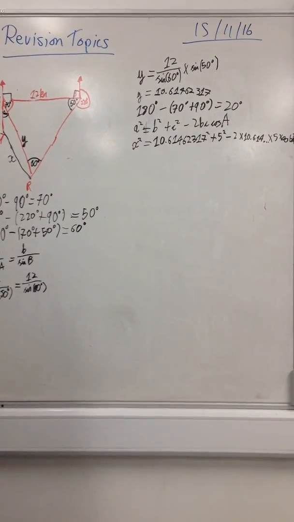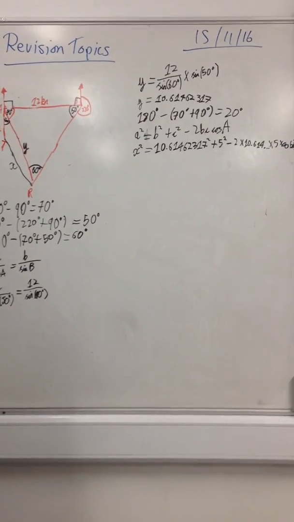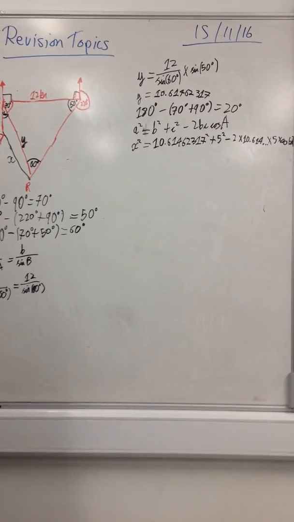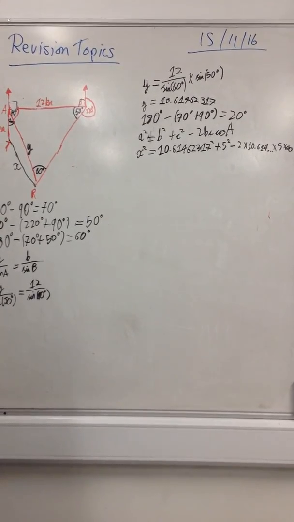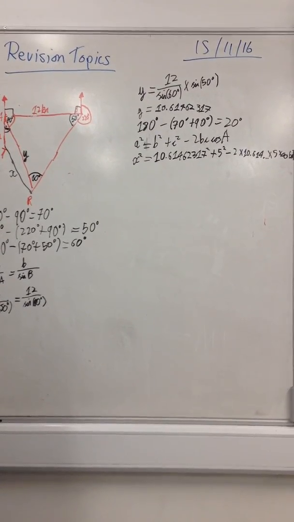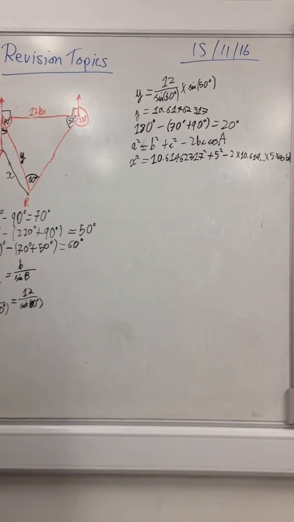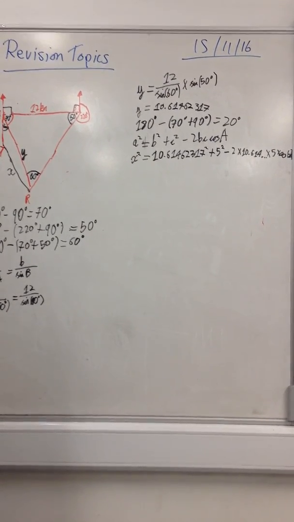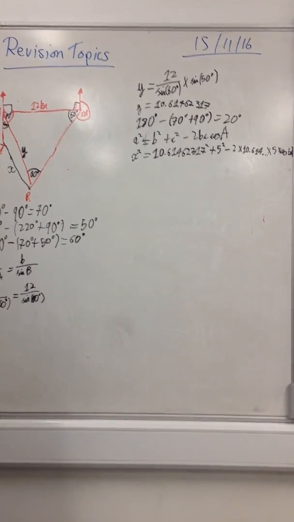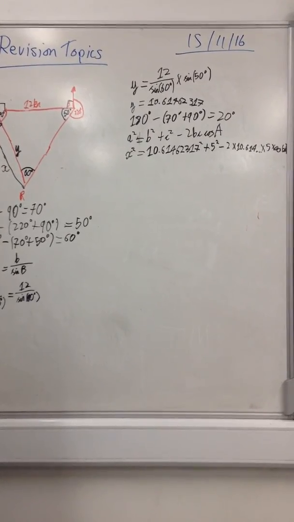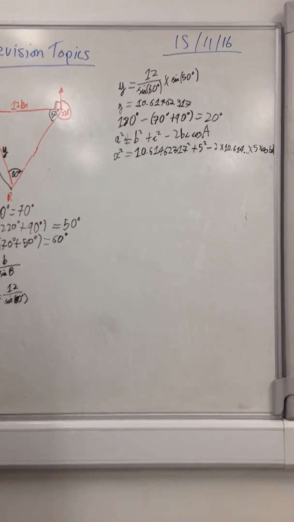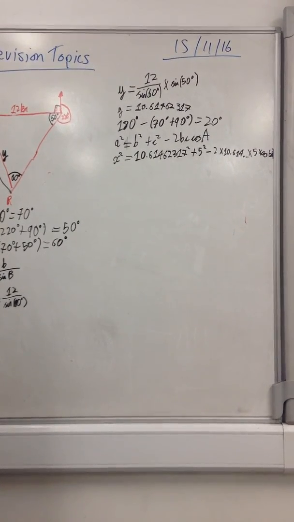Plus 5 squared minus 2 times 10.614623117 times 5 times cos 20.